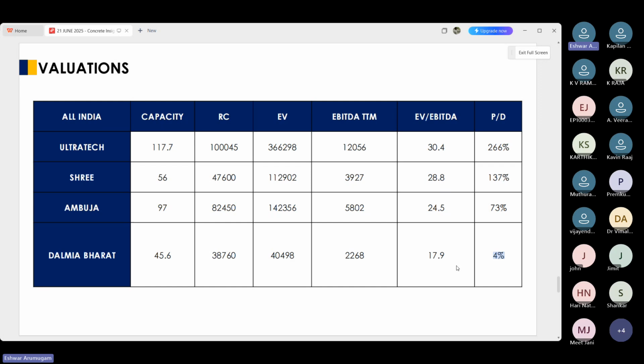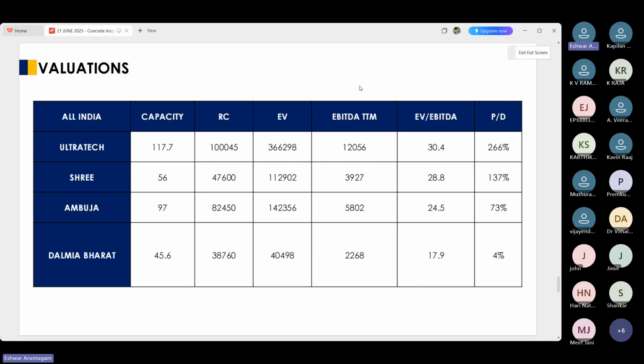They target to reach 75 million tons by FY27 and 110 million tons per annum by FY31, which also carries a steep execution risk, and they've faltered on execution in the past as well. The entry of Adani and Ultratech into the southern markets might increase the competitive intensity for them. So this is why Dalmia is trading at a cheaper valuation. But if you have a contrarian view that they should do well, Dalmia is a good company to look at.